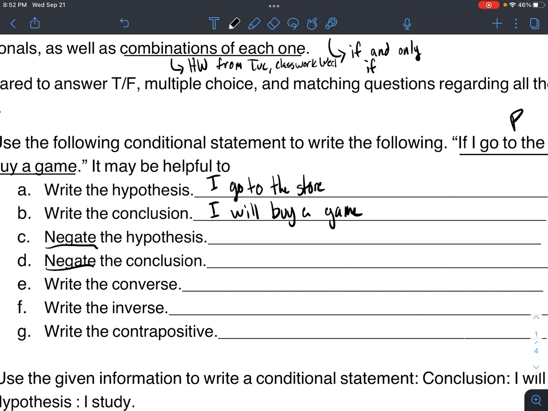If we're negating, all we're going to do is say essentially the opposite. So I won't go to the store. And then I won't buy a game.